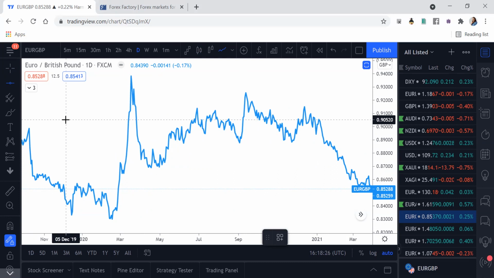So there are three components of the M or the W that you're going to identify: the top of the M or the top of the W, the middle of the M or the middle of the W, and the bottom of the M or the bottom of the W.